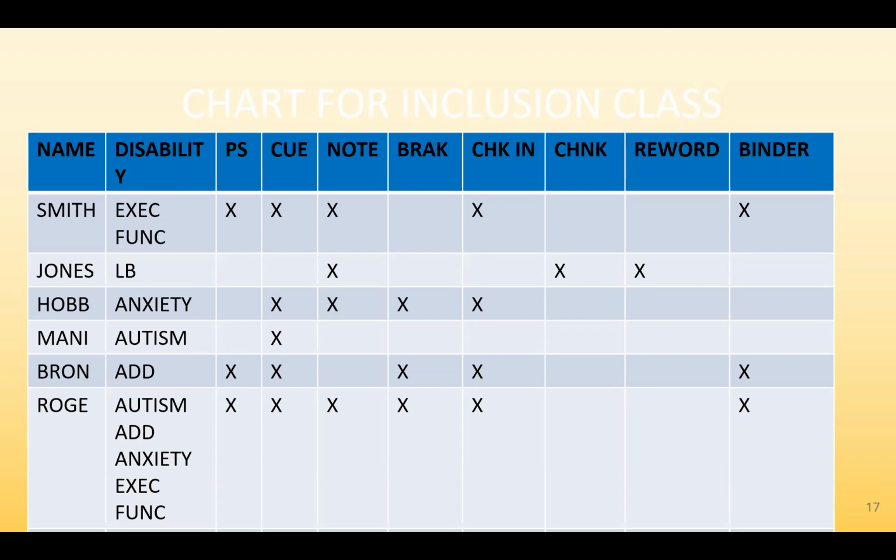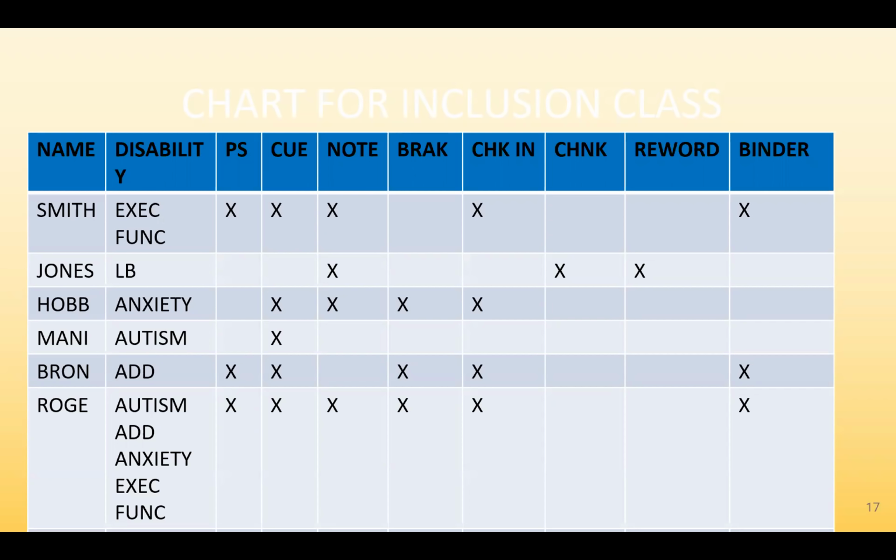You may be asked to take notes and provide a copy of notes for different students because that's what's on their IEP. They may need motion breaks or sensory breaks in the day. You may have to check in with them at various times. You may have to chunk language. You may have to reword information.